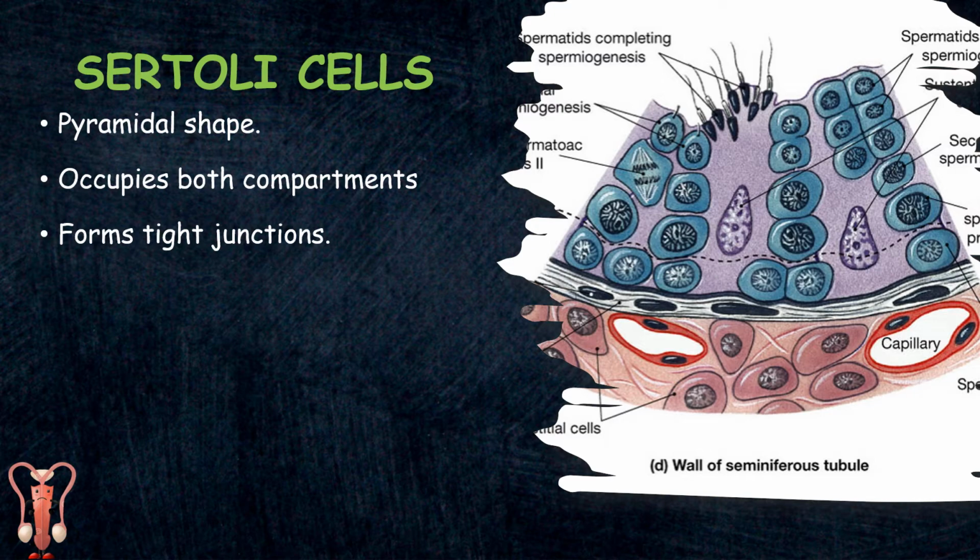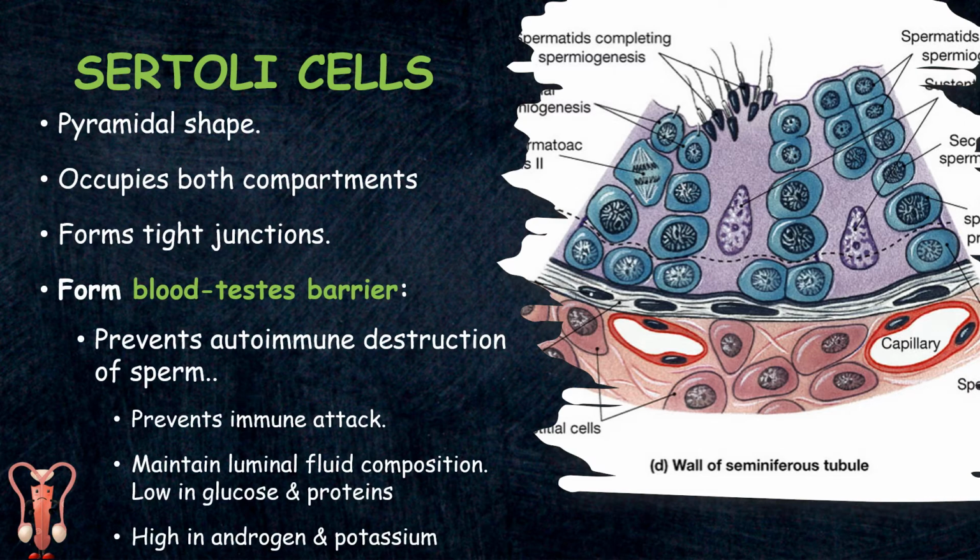So the wall of the seminiferous tubule is divided into two compartments. The tight junction forms an effective permeability barrier within the seminiferous epithelium, which is also called the blood testis barrier.